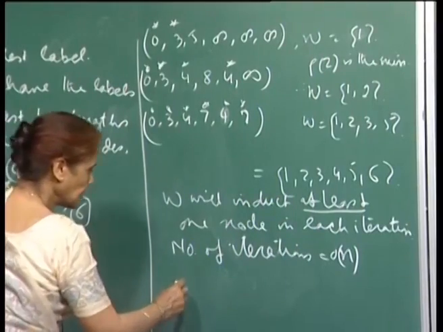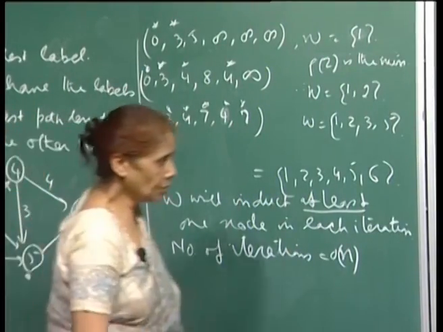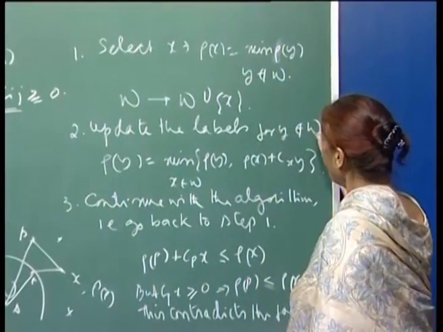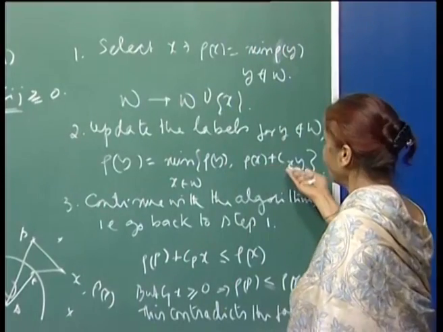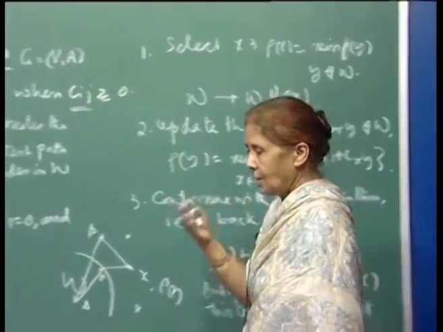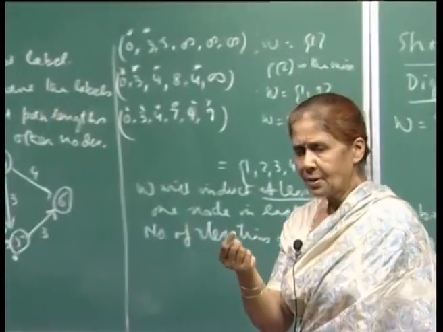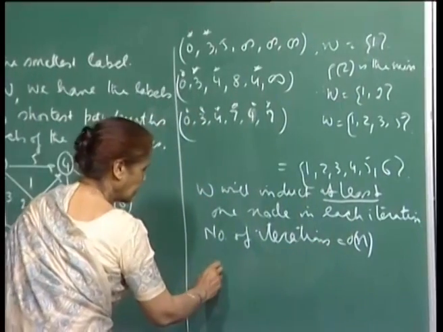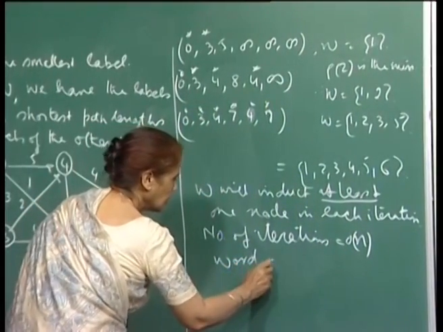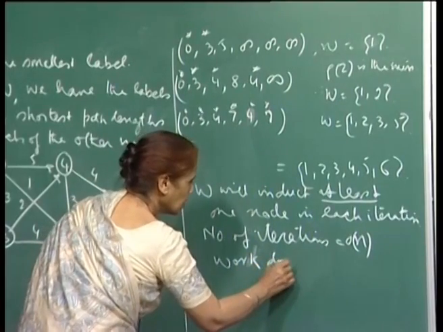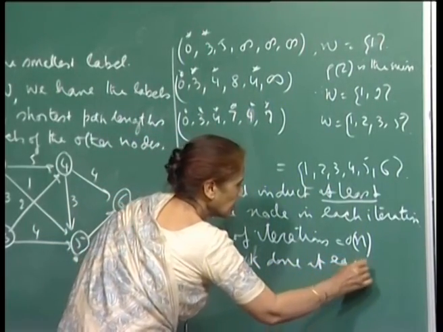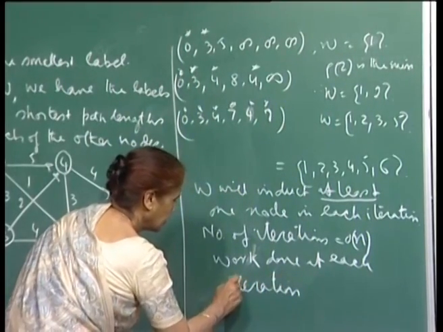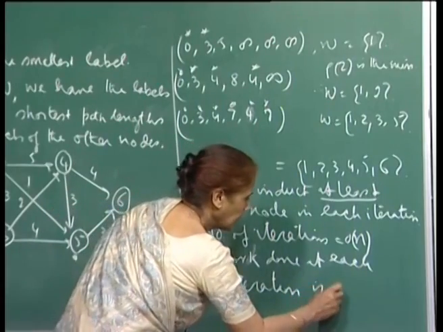And then at each iteration, how much work are you doing? At each iteration you are just updating the label of the ones which are not in W. So, again this is order n, because you are simply adding and comparing the minima, because we say that all these elementary operations we consider as one unit of work. So, the number of iterations, and the work done at each iteration is order n.